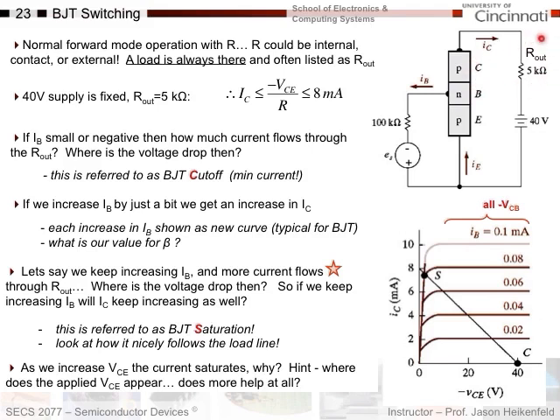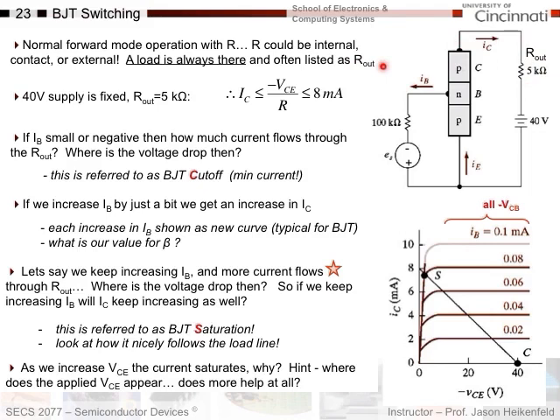I'll touch on that a little bit more later, but this output resistance could be an external resistor in your circuit, it could be the resistance of the contact, or it could be the resistance of the P-type material here. The point is we always have an output resistance for any type of amplifier. And so if it's any one of these three things, we can take the total resistance and we will just list it as being R out, or our output resistance.